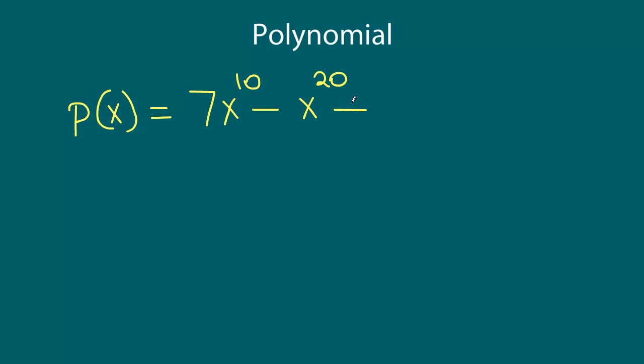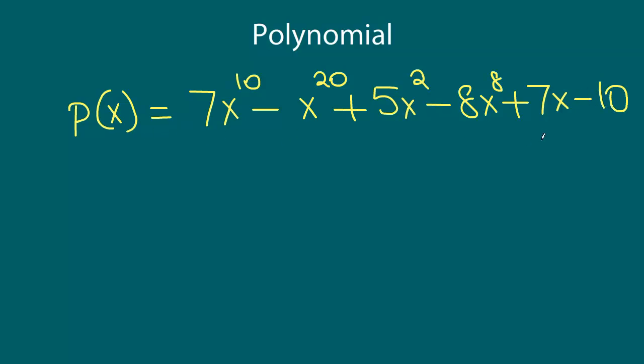Say we have a polynomial p of x, and this is given as, say, 7x power 10 minus x power 20 plus 5x squared minus 8x power 8 plus 7x minus, say, 10.